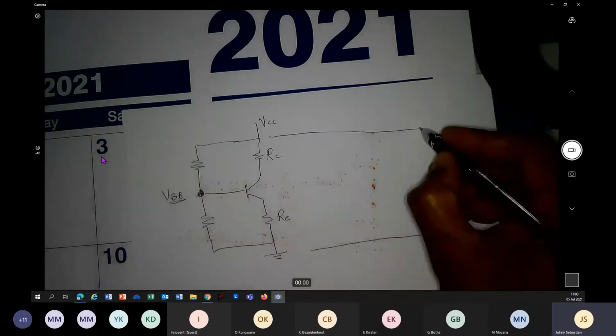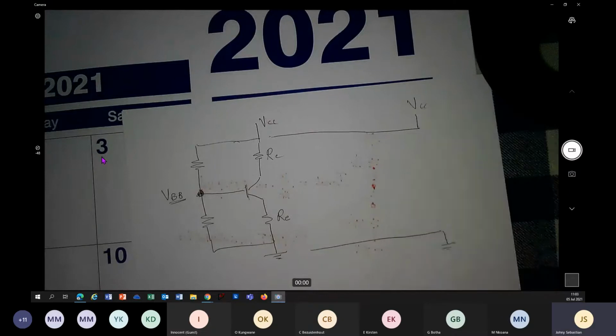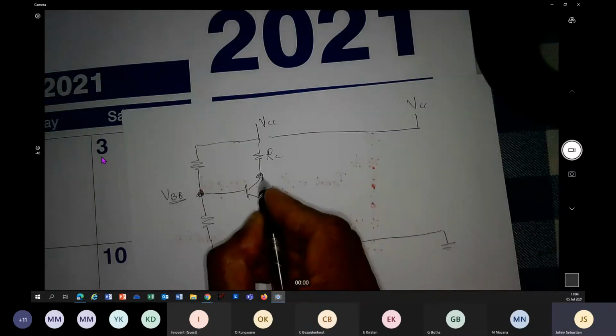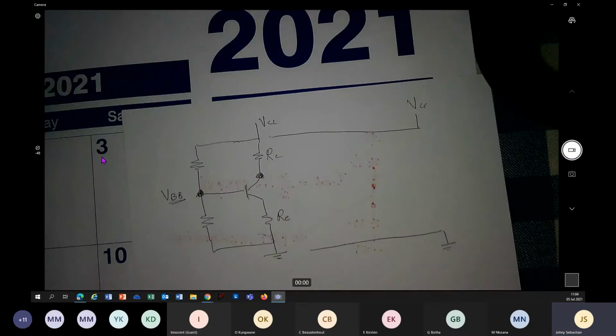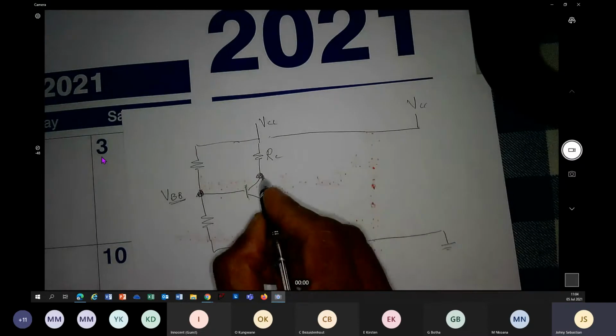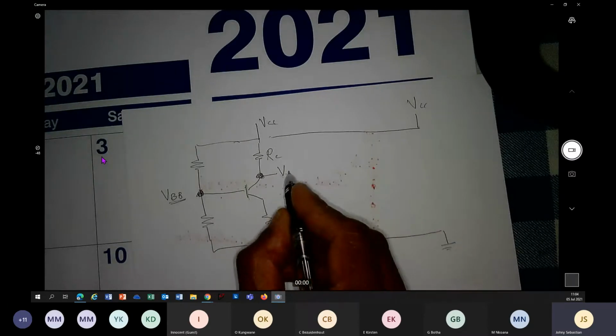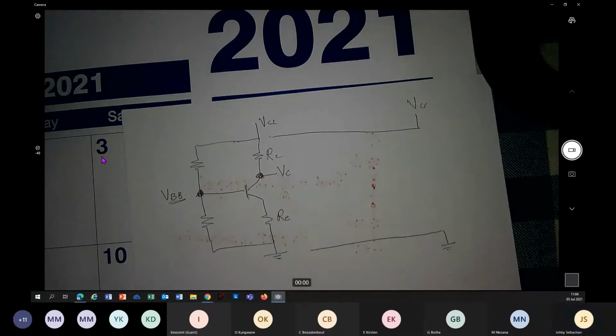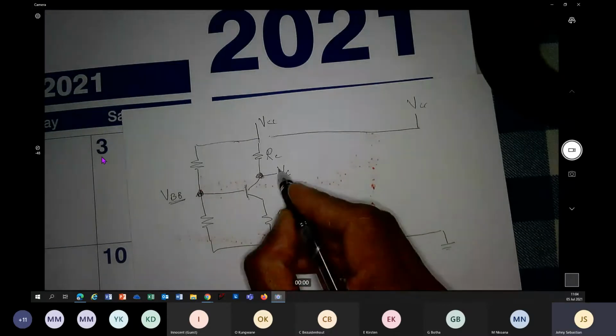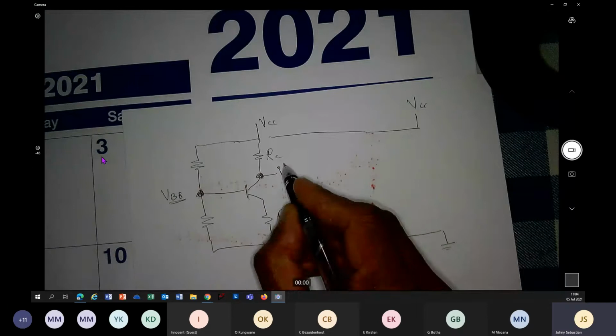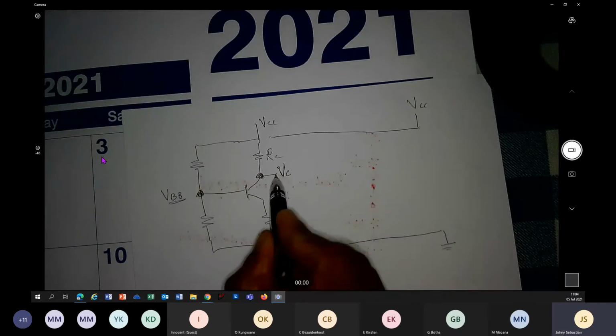Your output is taken from the collector. What is the DC at the collector? We call it the voltage at the collector. This is where you take the signal coming out of the BJT.